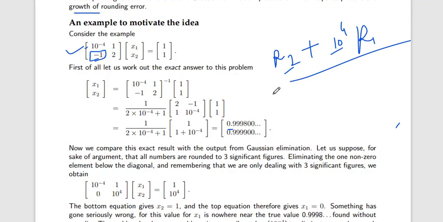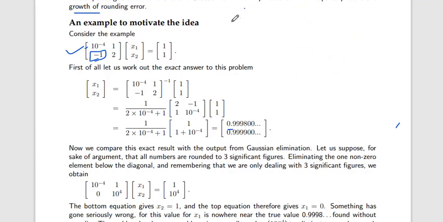So now what will we get here, R2 plus 10 raised to 4 R1. Here 10 raised to minus 4, the first row remains the same, the second row 0, and this will become 2 plus 10 raised to 4.